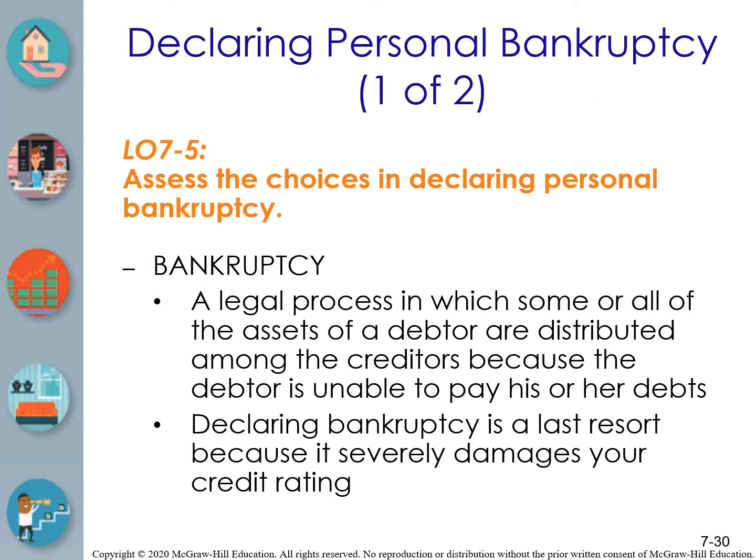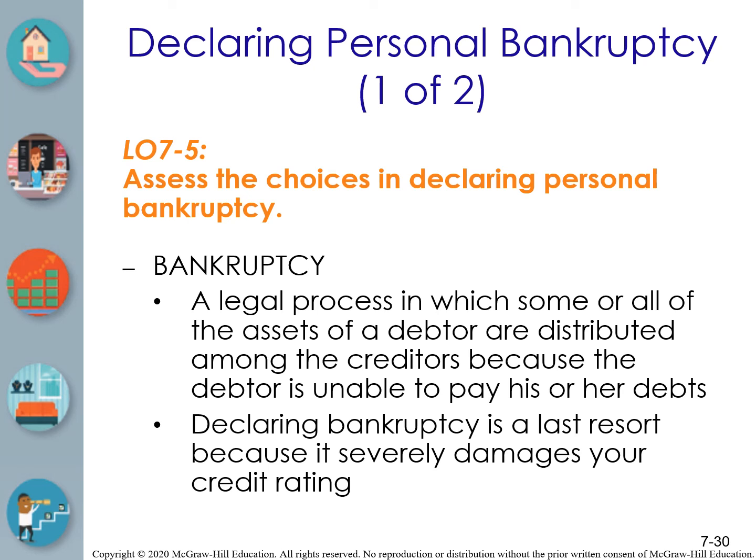Declaring bankruptcy. Now we're going into the bankruptcy. So assess the choices in declaring personal bankruptcy. Bankruptcy itself is a legal process in which some or all of the assets of a debtor are distributed among the creditors because the debtor is unable to pay his or her debts. Very straightforward.